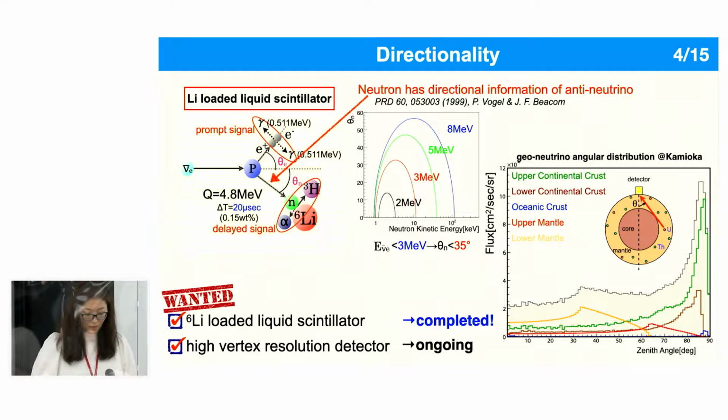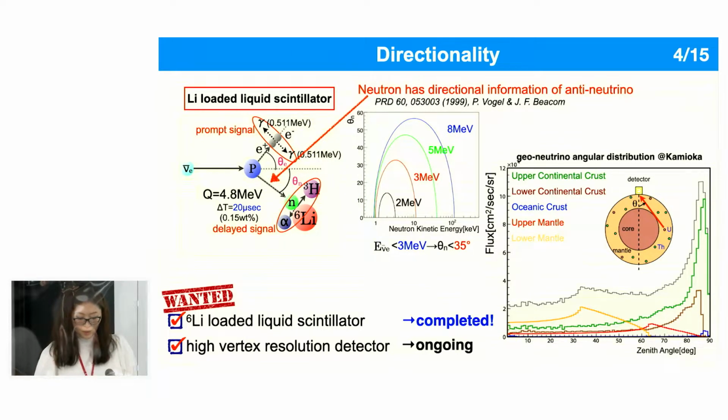So naturally, this neutron remembers the direction of the antineutrino, which is shown in this diagram of kinetic energy versus theta n, the angle between the coming direction and the neutron moving direction. As you can see, in the geoneutrino energy region, about 3 MeV, theta n is less than 35 degrees.